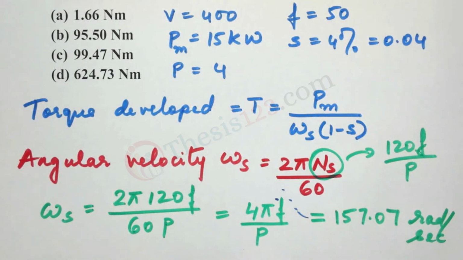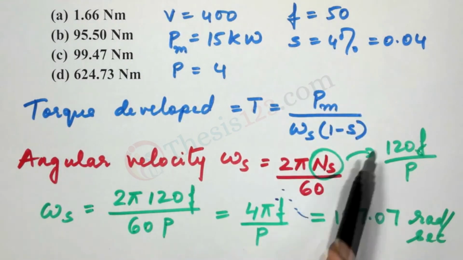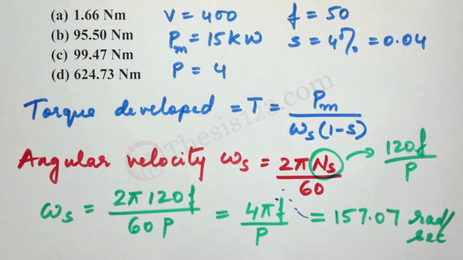So we have our values of omega, the value of power, and we also have the slip. So let's substitute those values into the torque developed over here and find out the final answer.